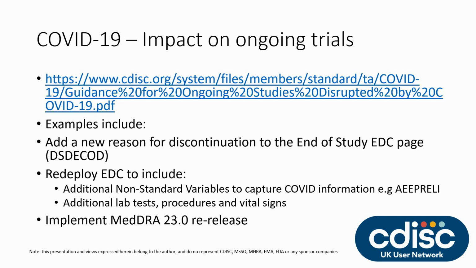And of course, we'll need new terminology to include additional lab test procedures and possibly vital signs. And in addition to all of that, to make sure that we're reporting this information consistently and correctly, companies are re-implementing their MedDRA 23.0 release to include the new COVID terms.